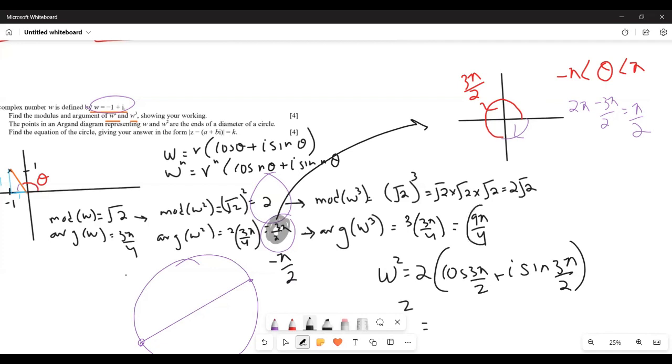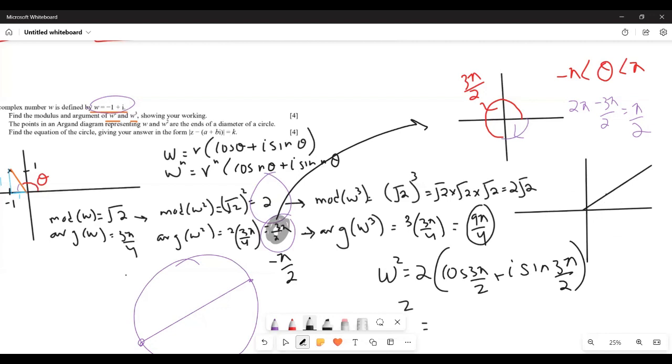Secondly, 9 pi by 2 is what? 9 into 180 divided by 4 is 405. Where do I plot 405? 405 minus 360 is 45 degrees. It's exactly here. You give it one complete round trip and then you add another 45 to it, and that's how you get 9 pi by 4.